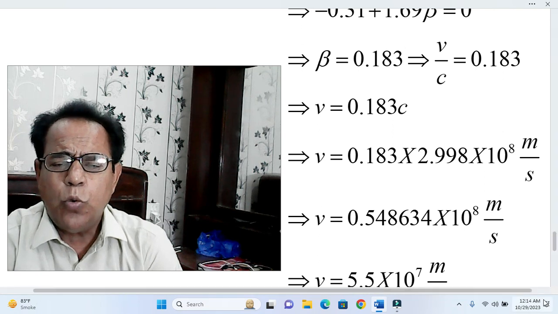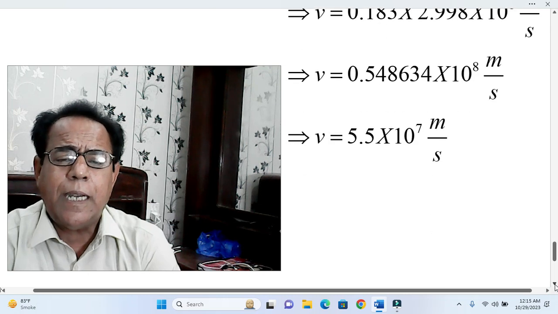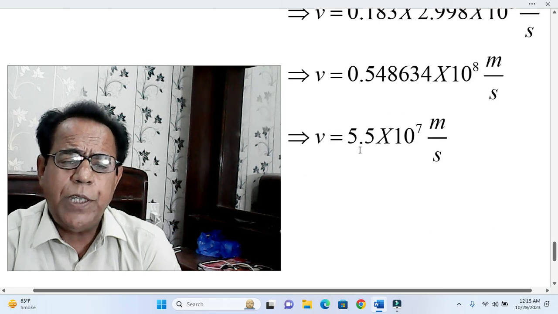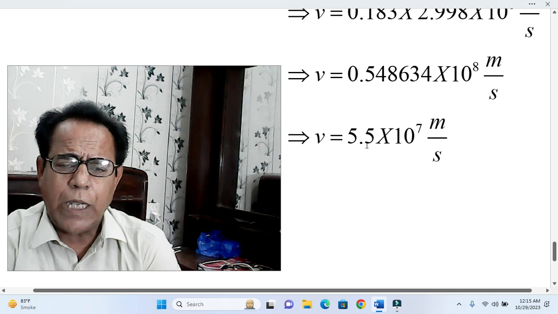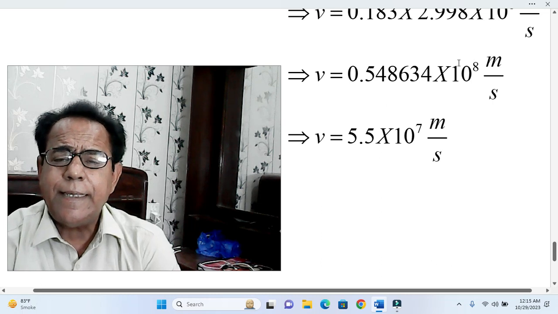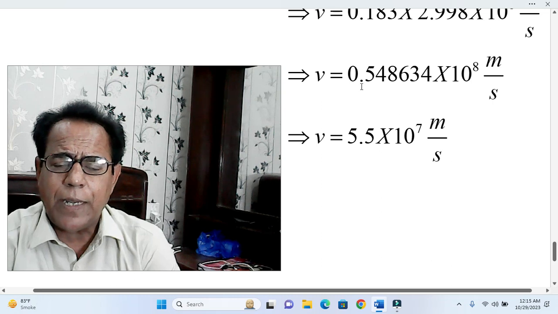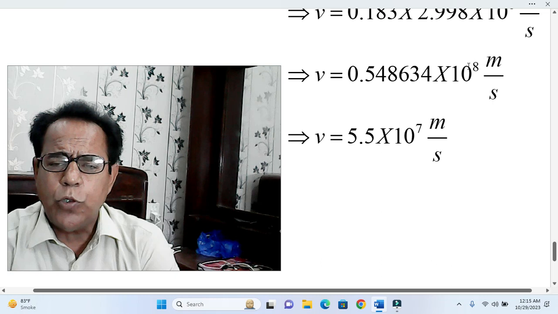Next, just simplification, and our value v finally becomes equal to 5.5 into 10 to the power 7 meter per second. Actually, dear students, this is 10 raised to the power 8. When we shift the decimal one step ahead, the power will reduce by 1.